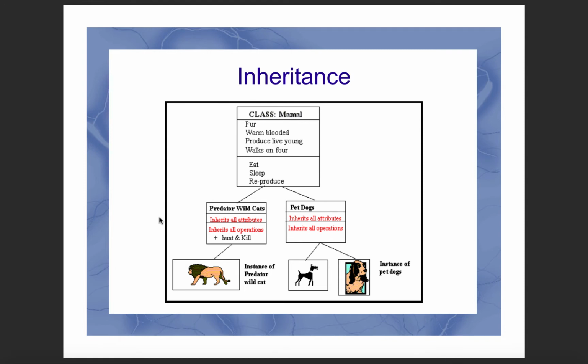So this is an example in Java. We can have a class called mammal, and mammal has three different methods: eat, sleep, reproduce. So all kinds of mammals can eat, can sleep, and can reproduce. So this is a superclass.